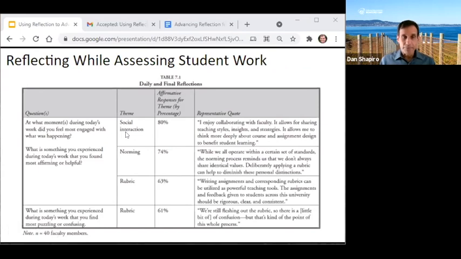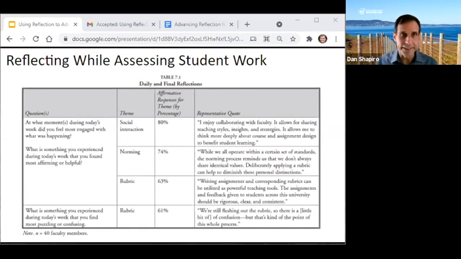We looked at the percentage of responses that had what we call affirmative responses, meaning positive responses to the social interactions that occurred, the norming sessions with student work, and the work with rubrics. And the rubrics fell into two different areas: something you found helpful, but also something you found most perplexing or confusing.